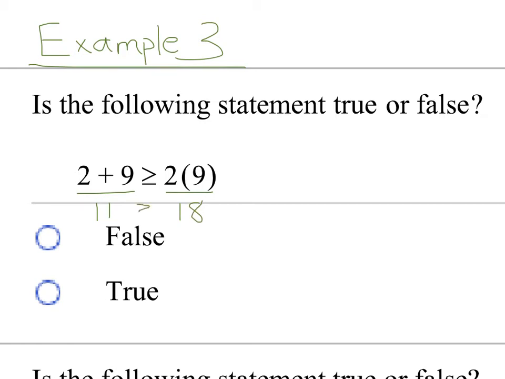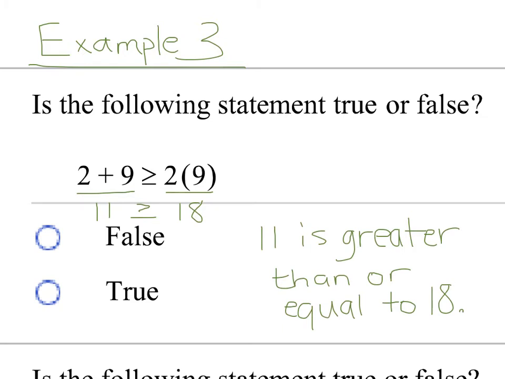So is 11 greater than or equal to 18? The sentence that matches this mathematical statement is 11 is greater than or equal to 18. And that statement is false, because we know that 11 is really less than 18.